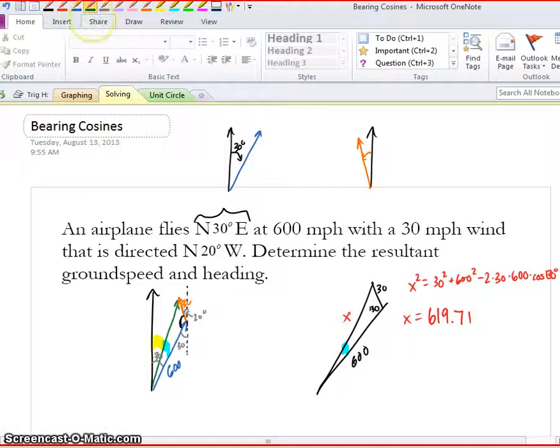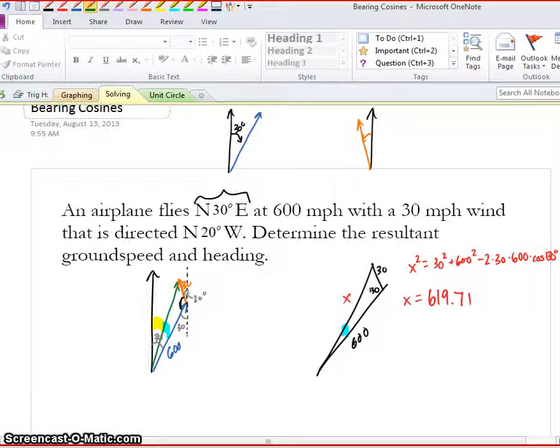To find an angle, we have a few choices. We can use law of sines, we can use law of cosines. I'm going to use law of sines for this problem. I know that the angle I want, if I call it alpha, that sine of alpha over 30 should be equal to sine of 130 degrees over the side that we just found, 619.71.